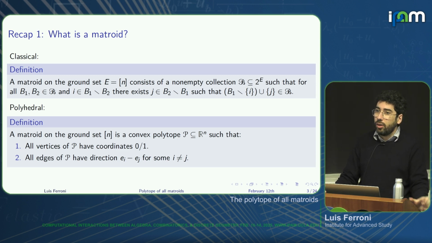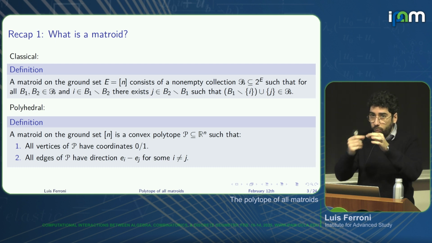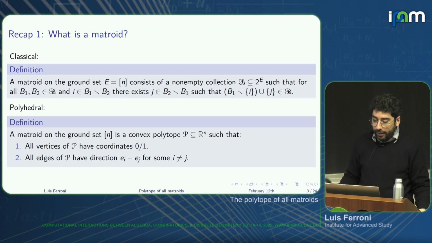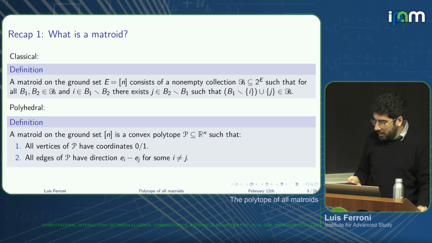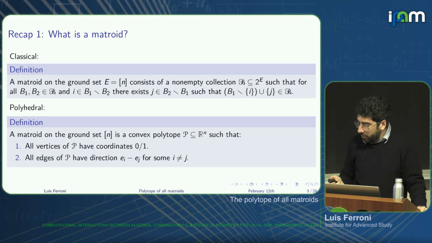And the second condition is that all the edges, all the one-dimensional faces, are of the form e_i minus e_j for some canonical vectors e_i and e_j. So the second is a cryptomorphic definition of matroids. If you tell someone, consider this class of polytopes, you are actually considering all matroids. So you don't lose anything by using this alternative definition.